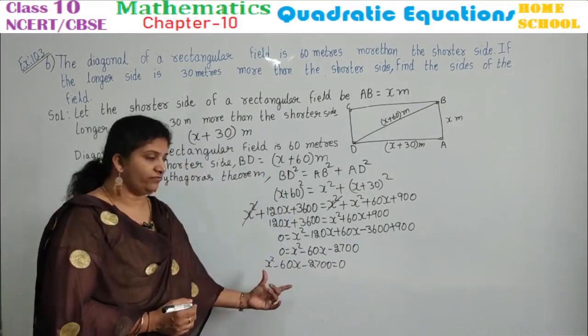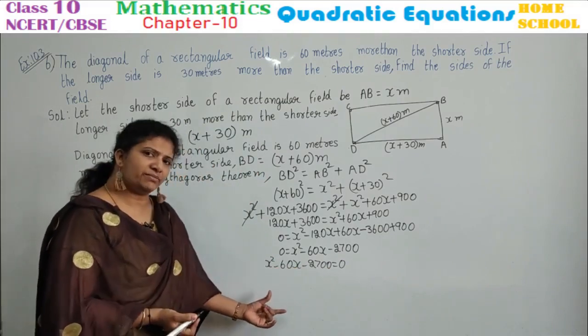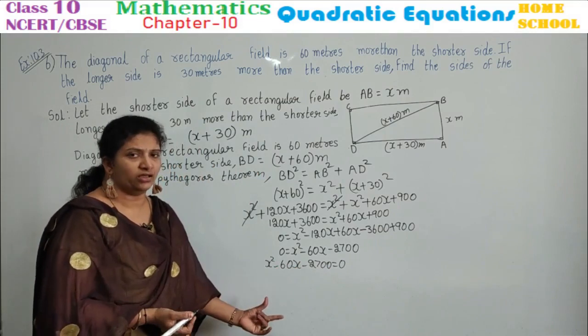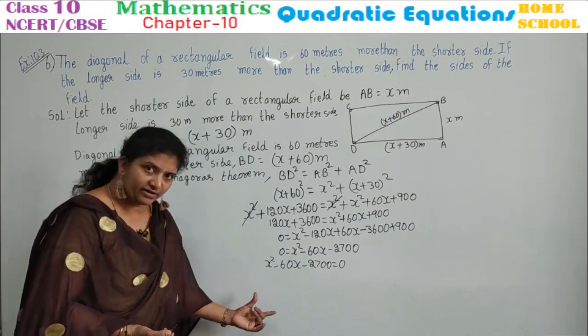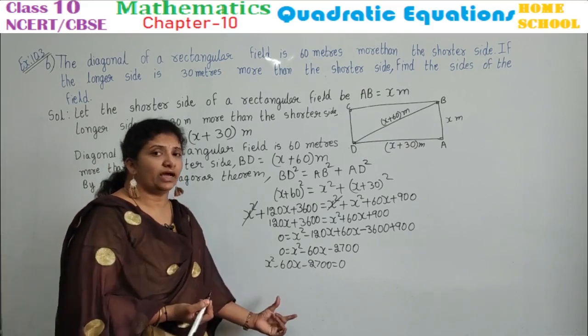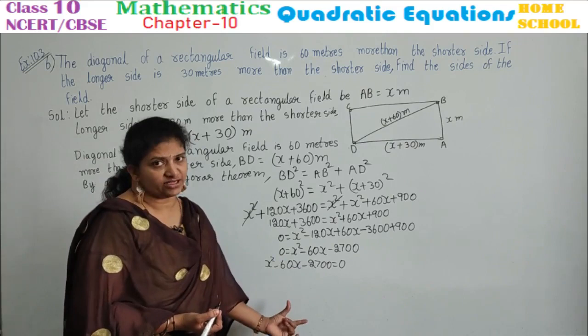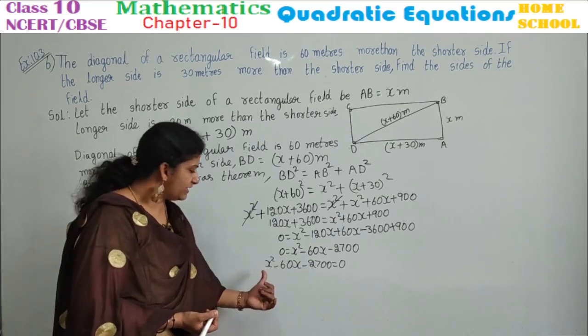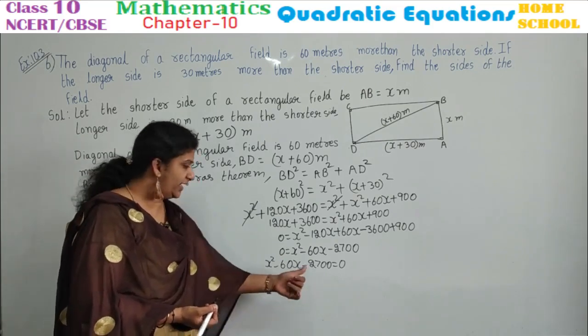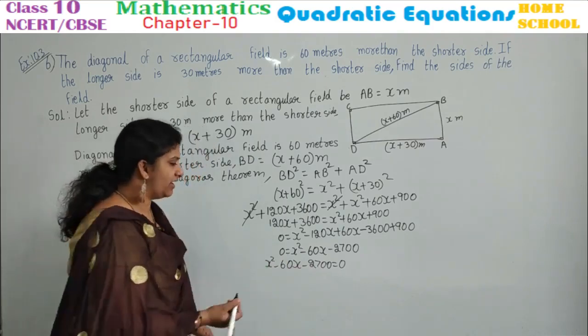Okay. Now you need to factorize this equation. Whichever method you want, you can do, children. You can go with direct factorization, or you can apply the formula, or you can go with the completing the square method. Better I choose now the factorization method. Multiply this x square coefficient and constant. 1 into minus 2700.